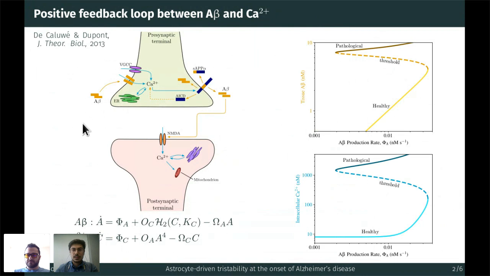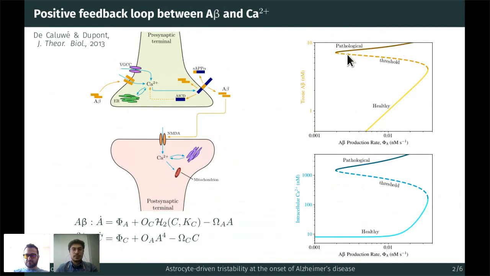What do I mean by bistable system? If we look at the bifurcation plots here on the right for the amyloid beta concentration and the calcium concentration, we see that in a certain range of values of amyloid beta production rate, we have two stable branches, these two continuous lines, one on the bottom for the healthy condition and one on the top for the pathological condition.